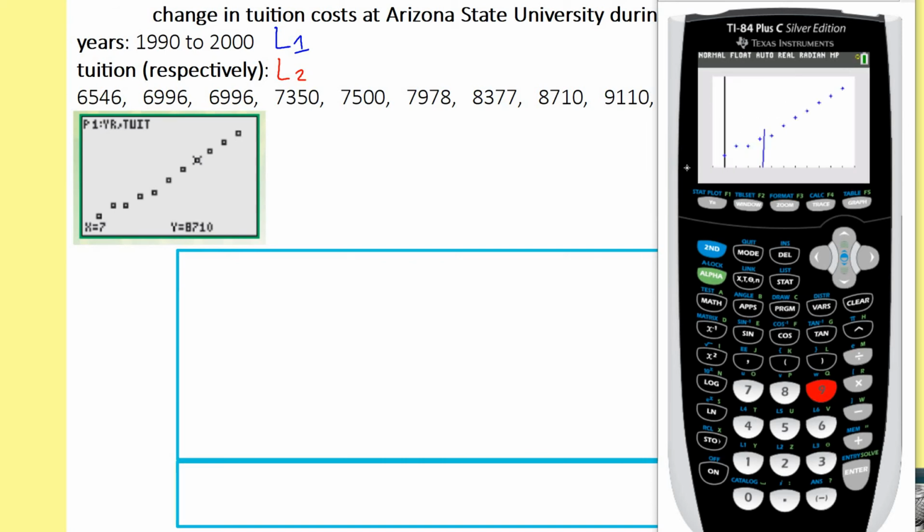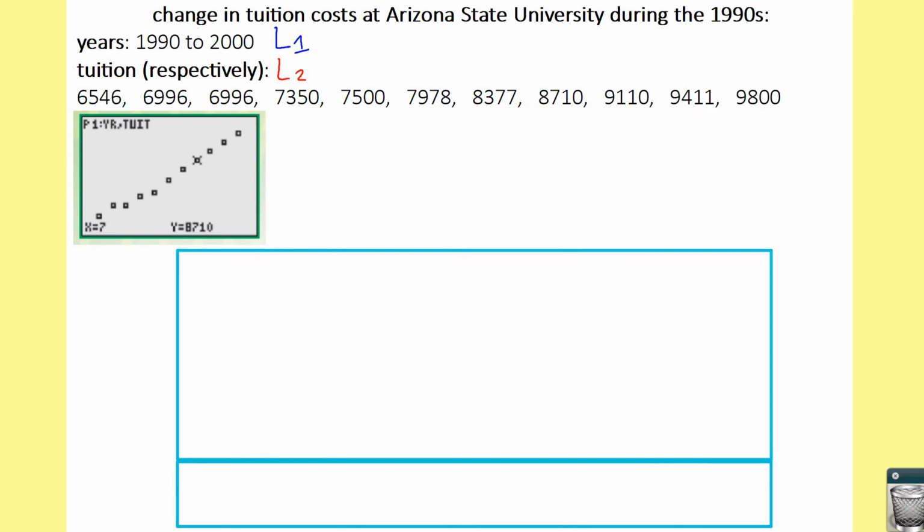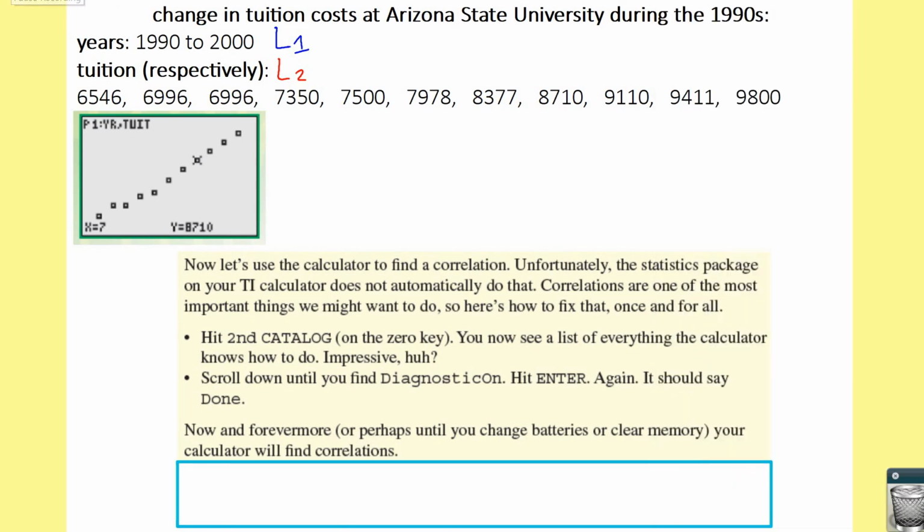That looks pretty linear to me, so I think it's safe to do a correlation coefficient. Sorry about the line there, I have one of my graphs on. That was what I did to make sure your diagnostic was on; this has to be on to do your correlation.